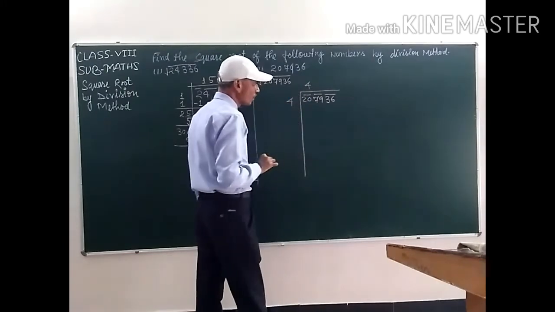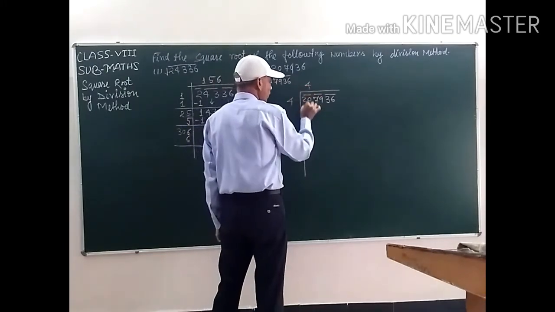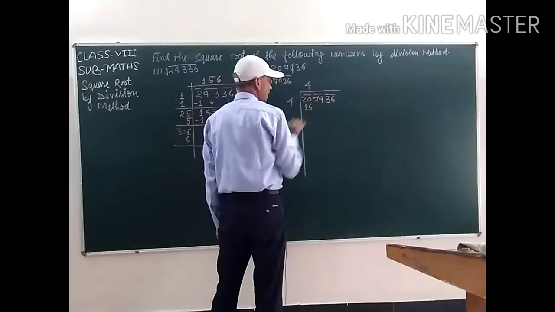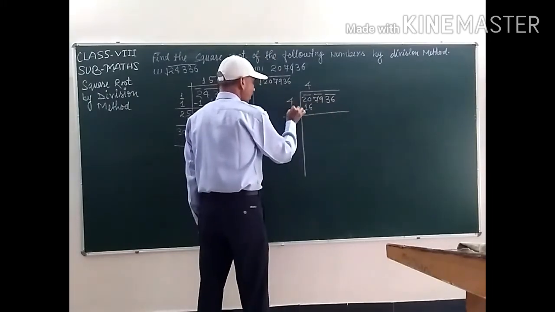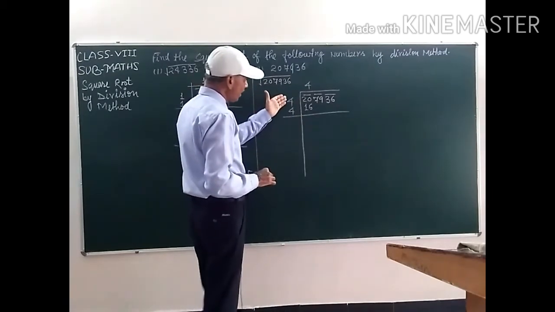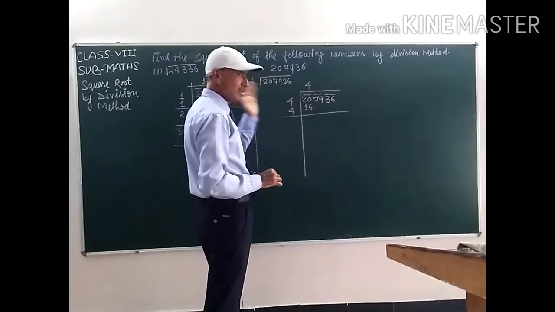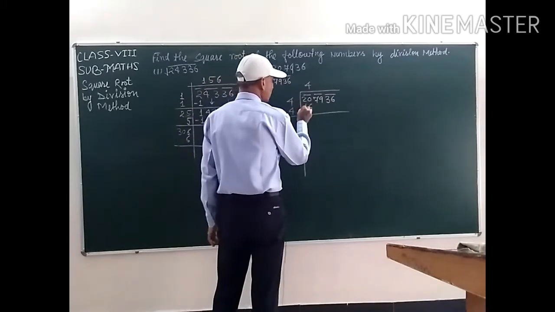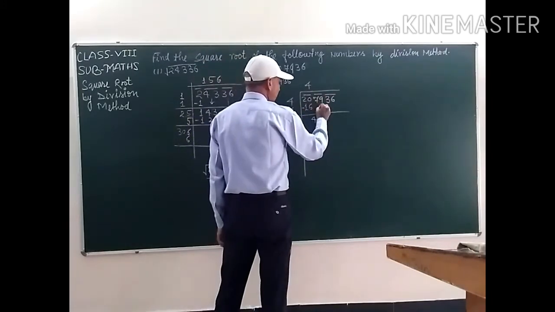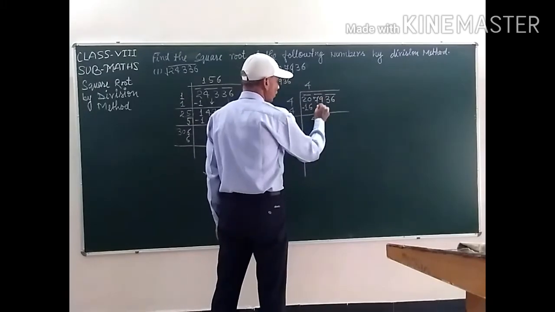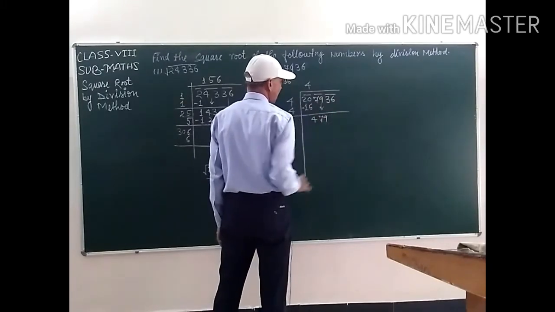Okay students, and this one 4 times 4 is 16, and write 4 here also. You can double this number or you can add it. So subtract this, here is 4, and take this pair below, that is 79.